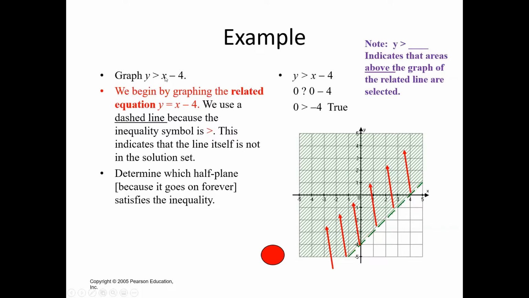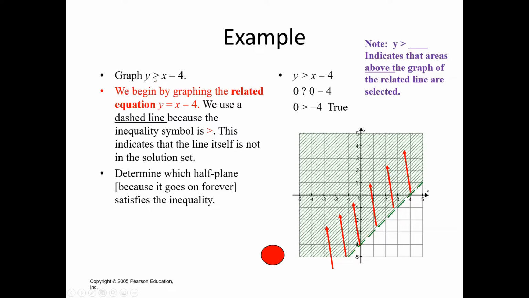If that were an equal, our y-intercept is -4 down here. Our slope is 1/1, so we would go up 1/1, up 1/1, up 1/1, up 1/1. So there's our line. We use dashed because it's not an or equal.